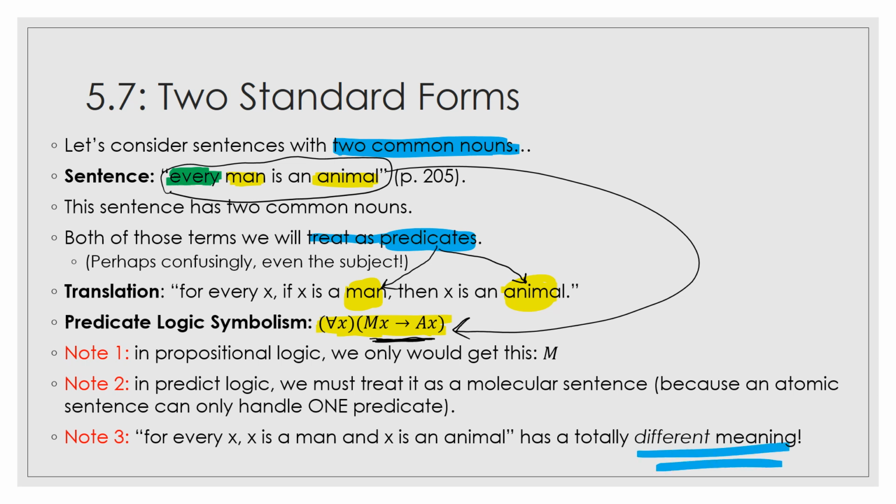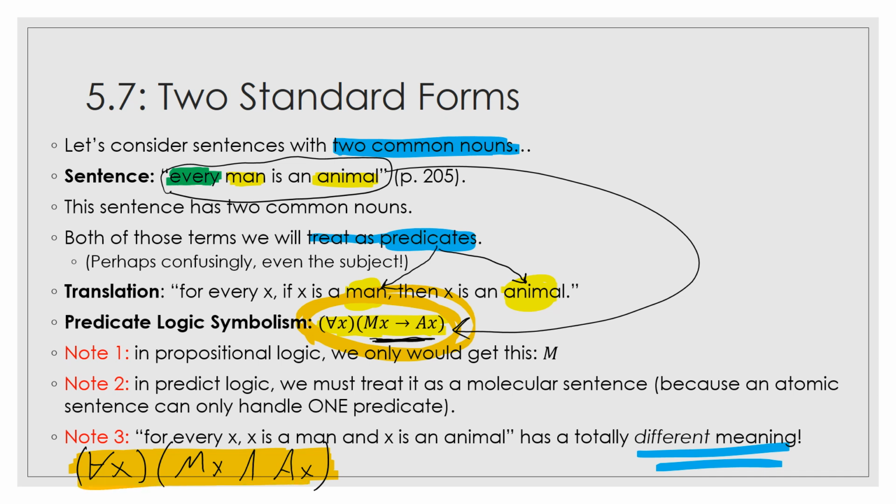That is to say, if we say for all x, x is an M and x is an A, this statement here is totally different than this statement over here.